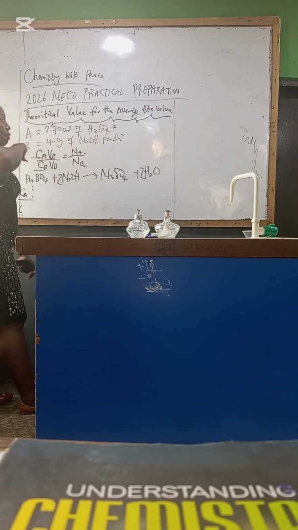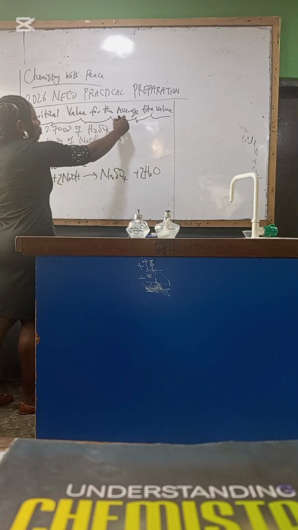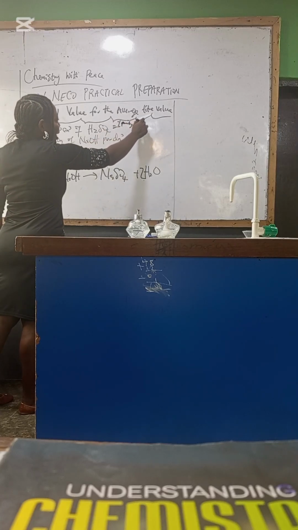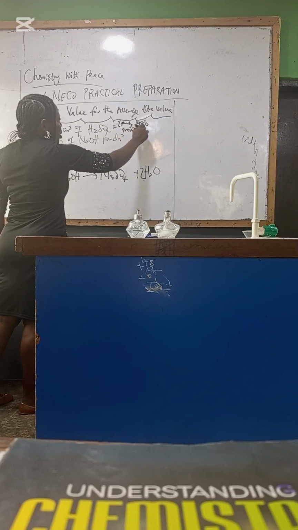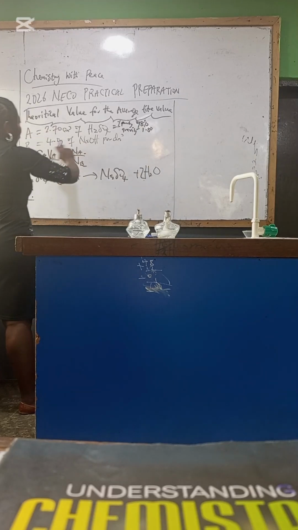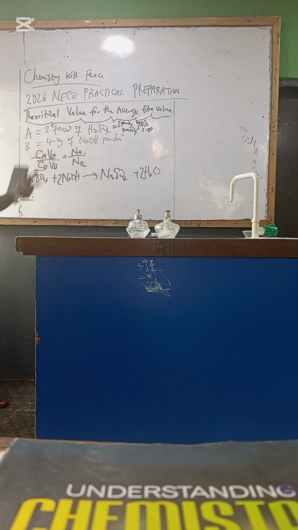For that sulfuric acid, H2SO4, the percentage purity is 98% and the gravity is 1.80. So we are going to use this to calculate for the CA.